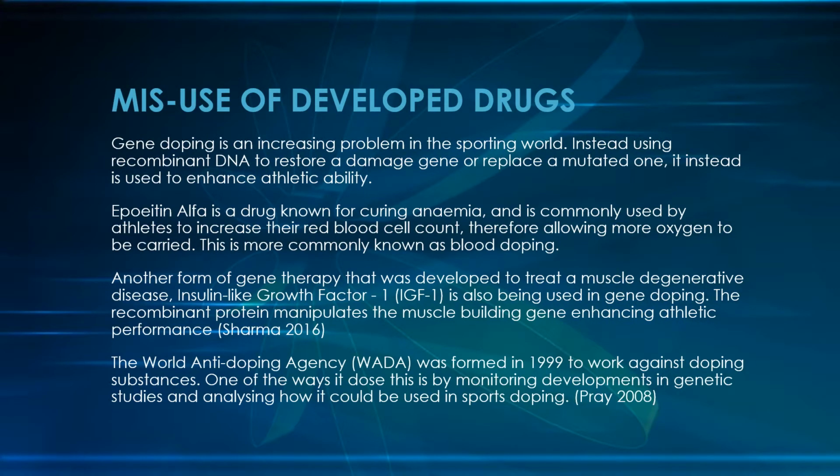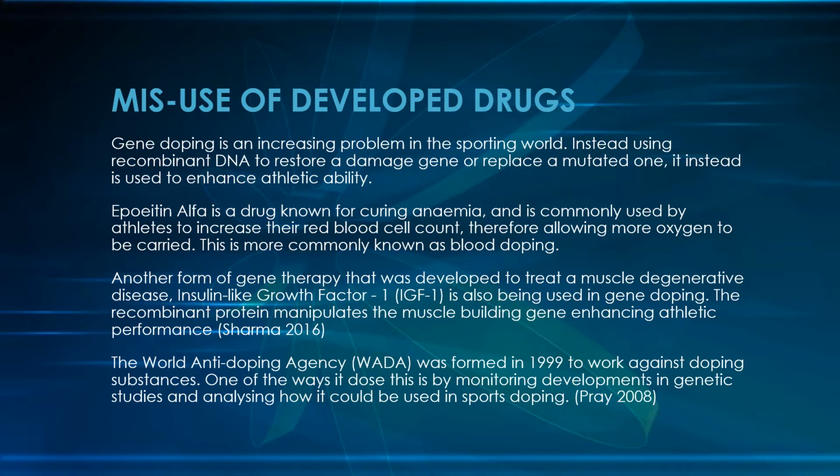The misuse of the developed drugs is becoming more popular in the sporting world. Many of the drugs developed, especially for gene therapy treatments, are being misused through what's called gene doping. It is an increasing problem in the sporting world. Instead of using recombinant DNA to restore damaged genes or replace the mutated ones, it is instead used to enhance athletic ability.